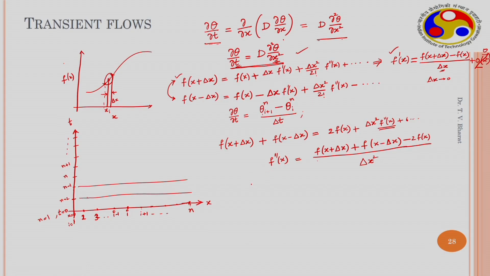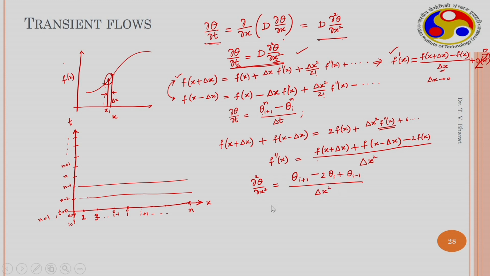So, the dou square theta by dou x square term can be approximated as, based on this, theta at x plus delta x is I plus 1, minus 2 theta I, f of x is theta I, plus theta at x minus delta x is I minus 1, divided by delta x square.